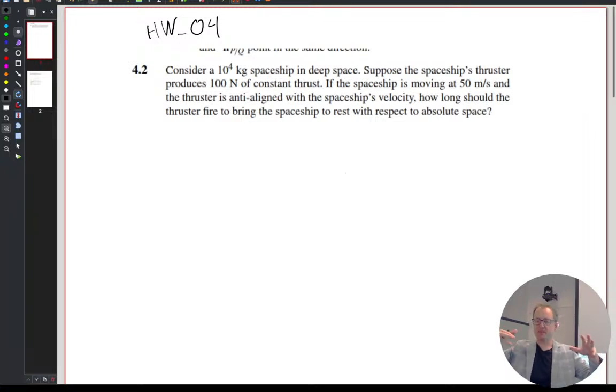Traveling through deep space, and the thrusters have been anti-aligned with its speed of 50 meters per second. We want to fire the thrusters for a certain amount of time to bring our spaceship to rest in absolute space before disaster strikes. So the question is, how long do we need to fire the thruster to stop the spaceship? This is the problem that we're working on.